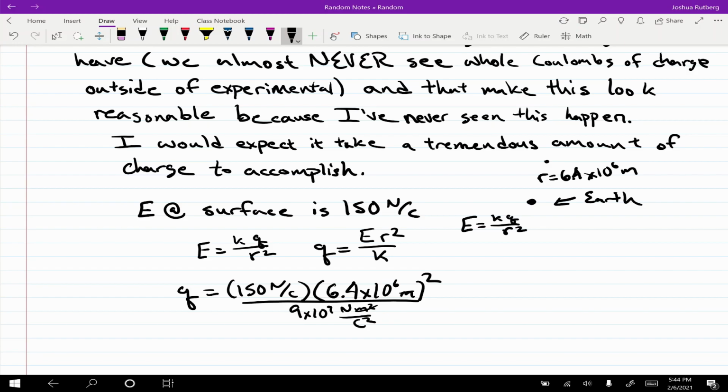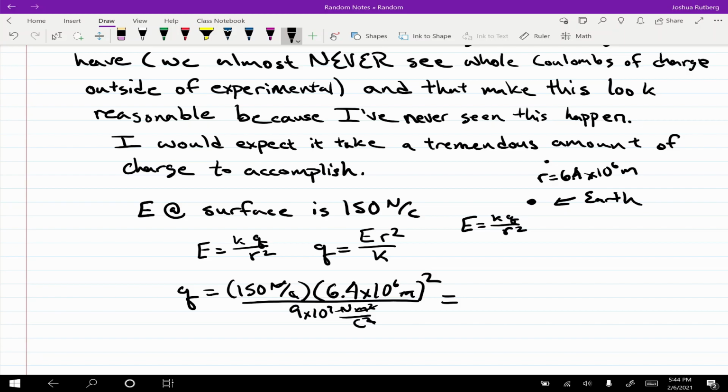Meters squared are going to cancel out. Newtons are going to cancel out. This coulomb is going to cancel one of these coulombs. The remaining coulomb is in the denominator of the denominator, so that's going to come up to the top. So my answer will be in coulombs. And now I just need to actually do that calculation and see what I get.